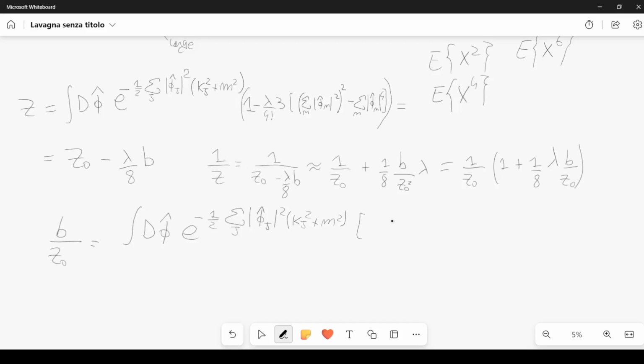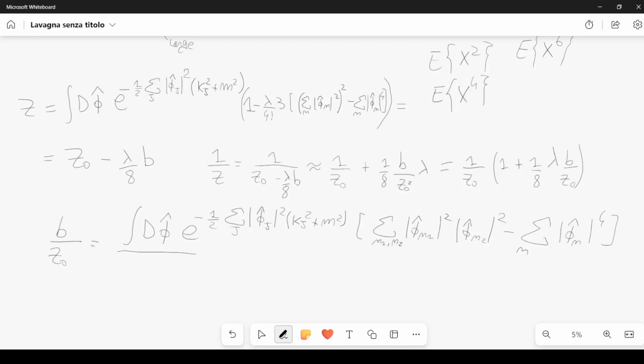Now let me write it like this: summation over n1 and n2 of mod phi hat n1 squared mod phi hat n2 squared, minus summation over n of mod phi hat sub n to the 4th.